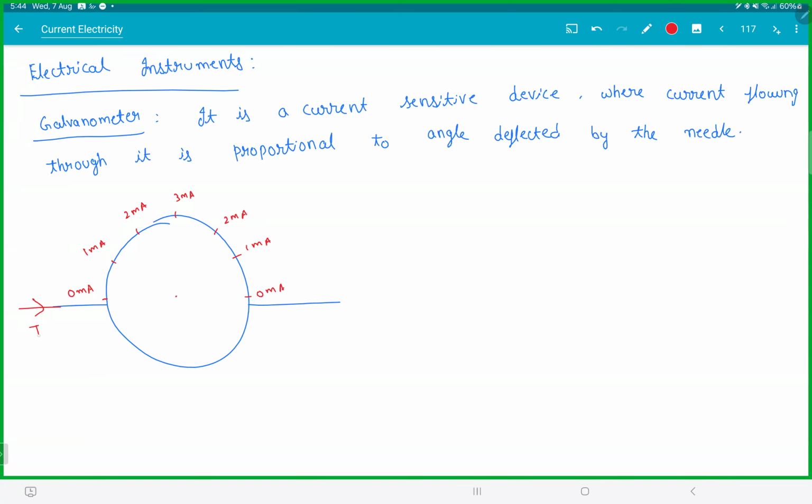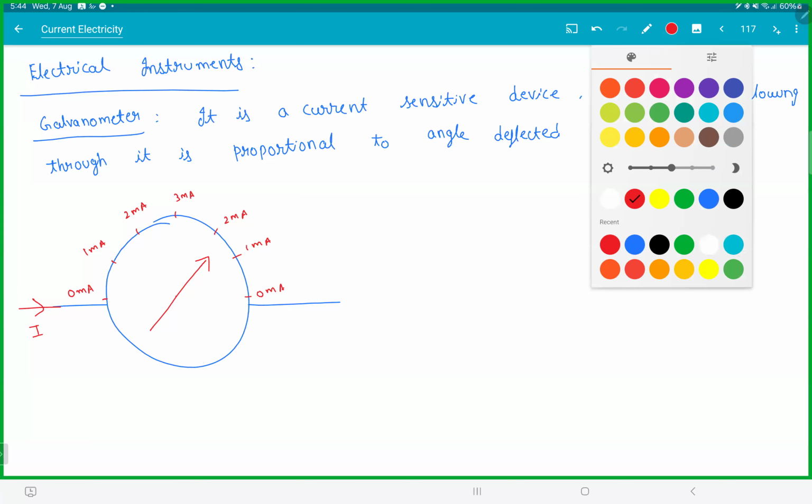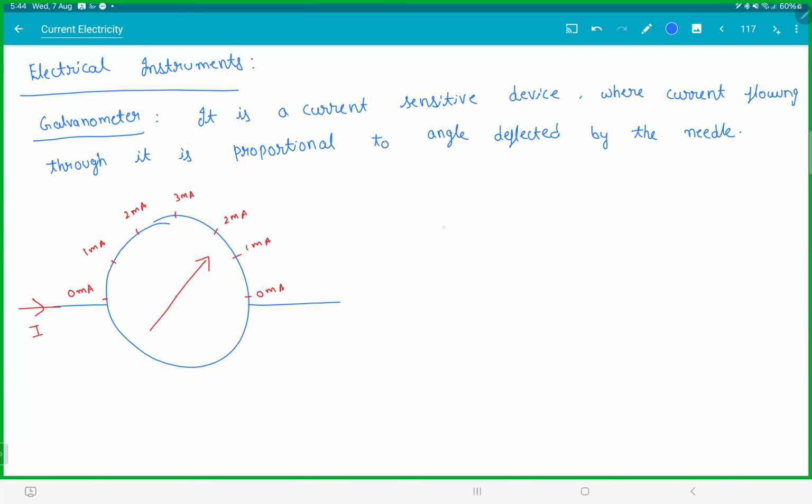So if the current is flowing this way, then the needle would deflect this way. If the current is flowing in the opposite direction, the needle will deflect the other way around. So this is the symbol we use. But generally, we can manufacture one that goes from 0 to 10. So this thing is Rg. Rg is the resistance of the galvanometer.